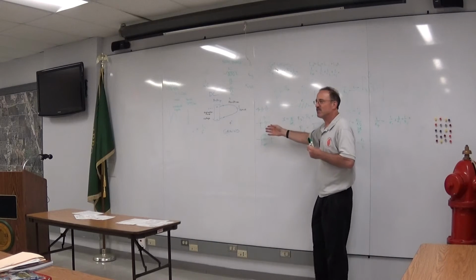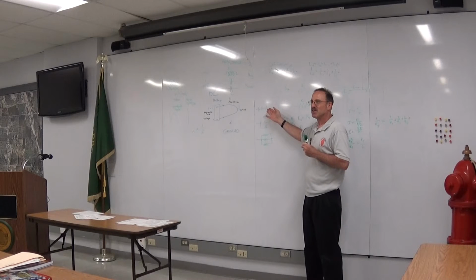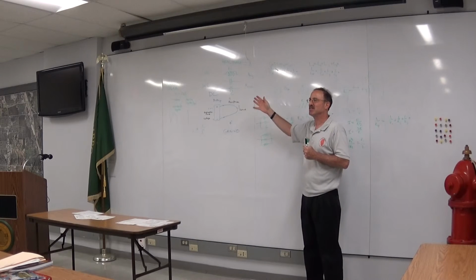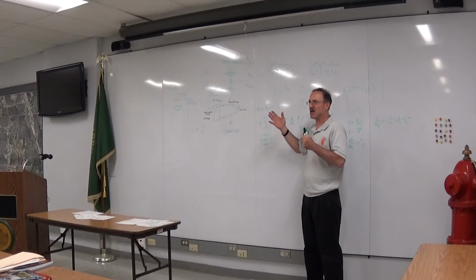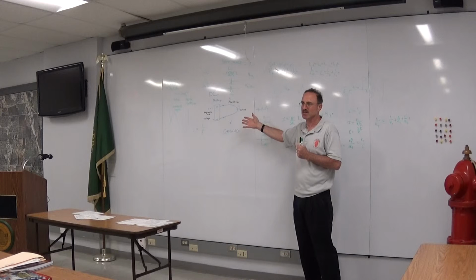How much do you change it by? Well, if you put a parallel capacitor, you're adding to the capacitance of the antenna. If you put a series inductor, you're adding to the inductance of the antenna. And then the opposites. You can put a parallel inductor and decrease the inductance of the antenna.